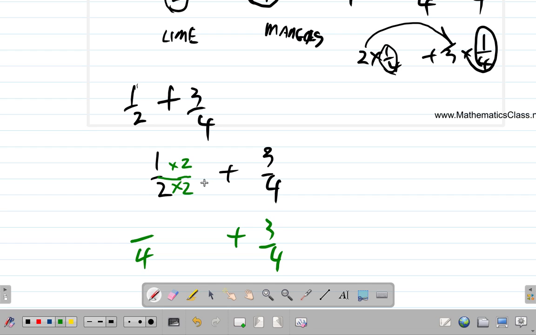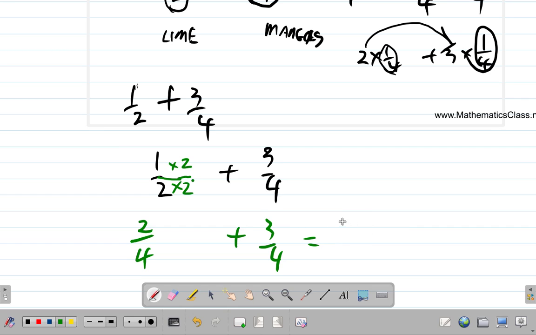If you multiply a number by 1, you get the same number. So what happens up here? 1 by 2 is 2, over 2 by 2 is 4. So you have 2/4 plus 3/4. 2 of something plus 3 of the same something gives you 5. So what happens now?